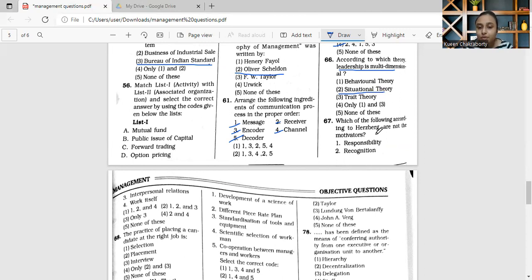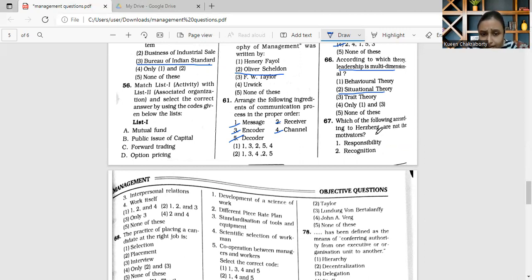Next, moving on to question number 67. Which of the following, according to Herzberg, are not the motivators? Responsibility, recognition, interpersonal relations, work itself. And we have 1, 3, and 4; 1, 2, and 3; only 3; 2 and 4; and none of this. Let's analyze this.